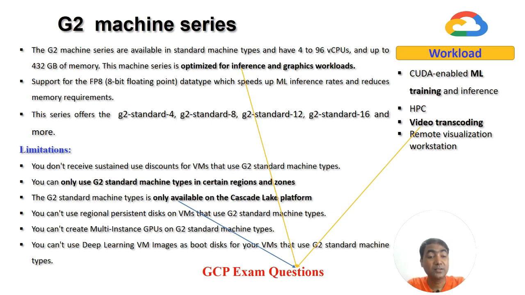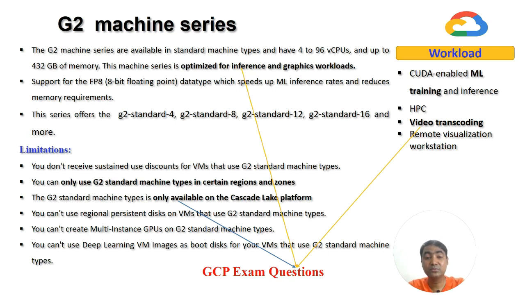Guys, now I hope you can understand and have some idea about the Accelerator-Optimized machine family for GCP Compute Engine, and the Accelerator-Optimized machine family series like A2 and G2, and in which cases you can use A2 and G2. I mentioned all the points so that you can remember them.